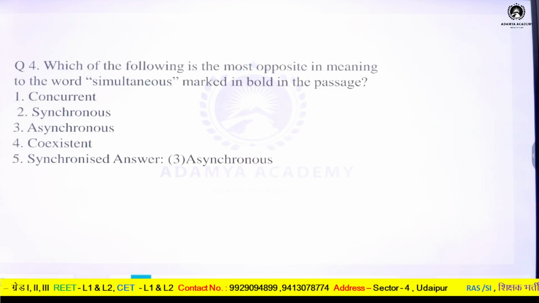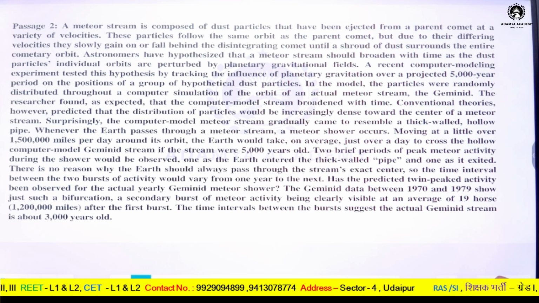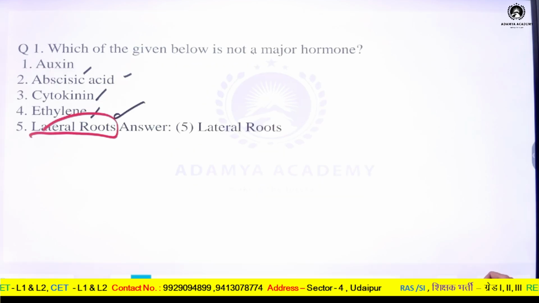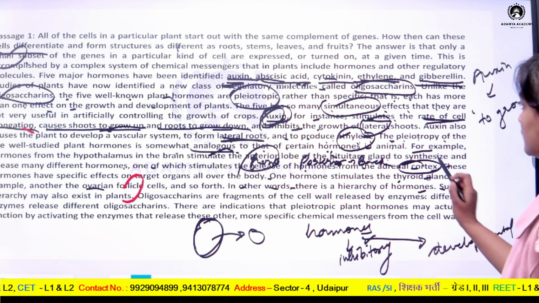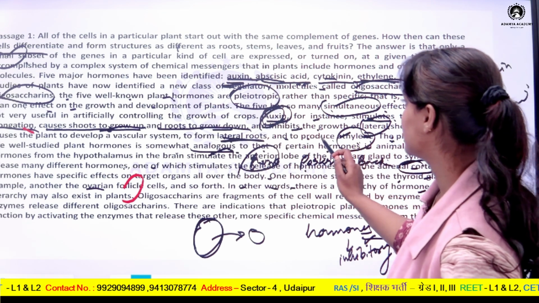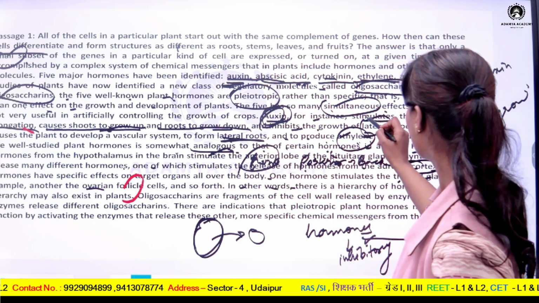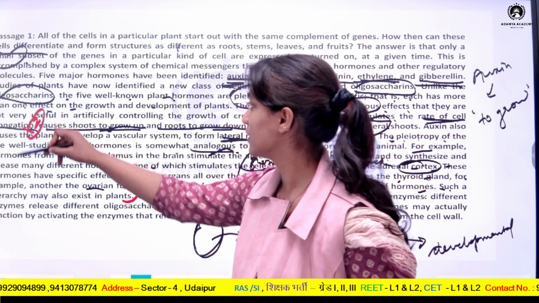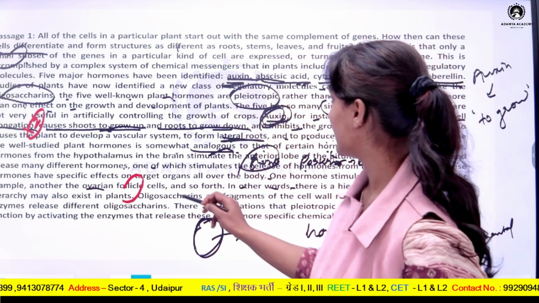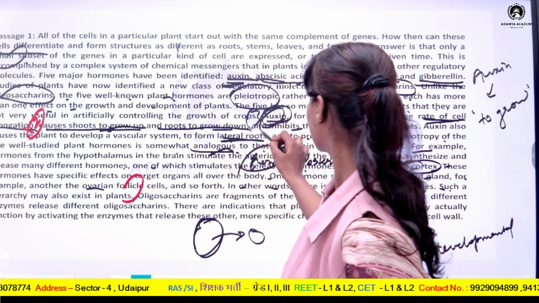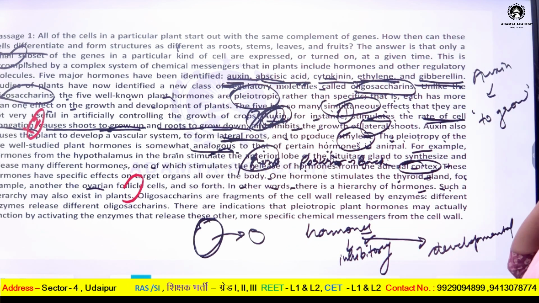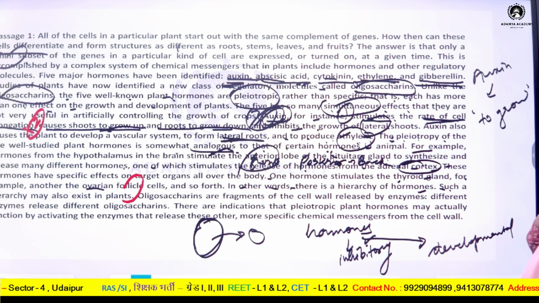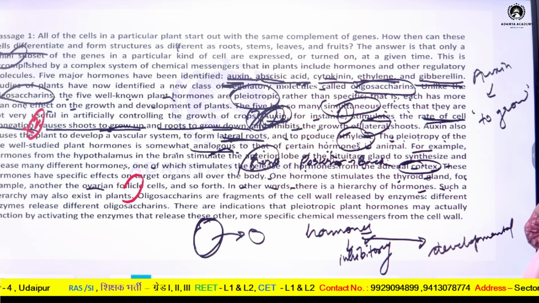For answering this, we have to study the paragraph in much more detail. Three functions are given: one, stimulates the rate of elongation; second, causes shoots to grow up; and third, inhibits the growth of lateral shoots. This is also written here, so this will also not be the answer.